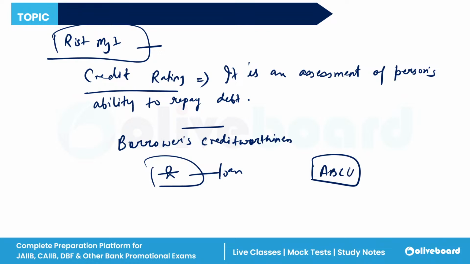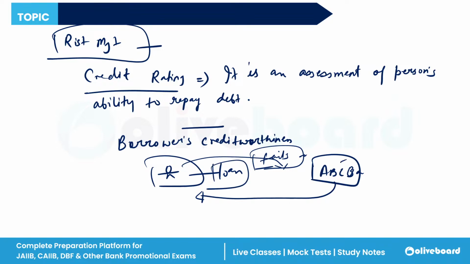Let's take an example, ABC Bank. Now, this bank has given the loan to this person, and when the repayment date comes, this person fails to repay the loan. Now, what happens in this case? The bank is not going to get its money back, due to the failure of repayment. So credit rating tells the credit worthiness of the borrower. The borrower's credit worthiness will tell that, okay, this borrower is good. This borrower borrows the money and repays the money back.